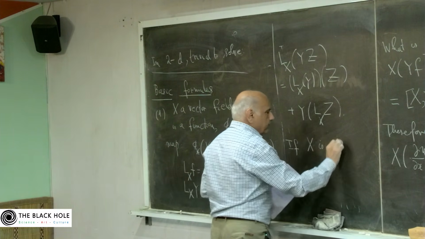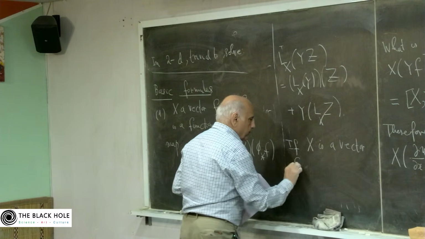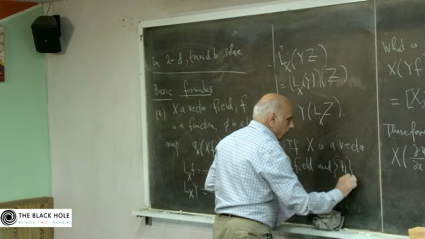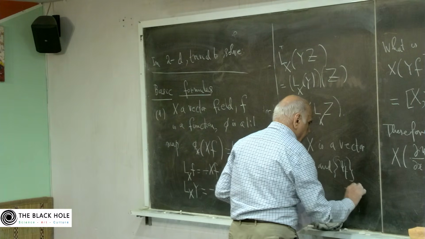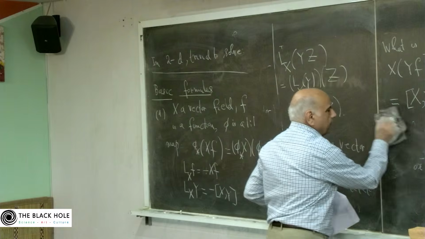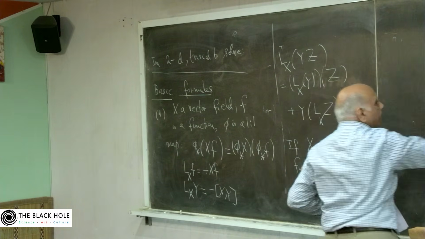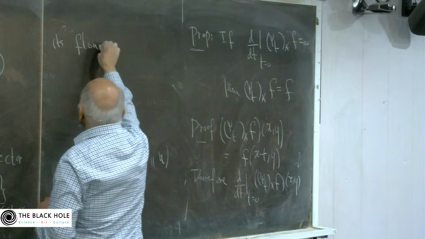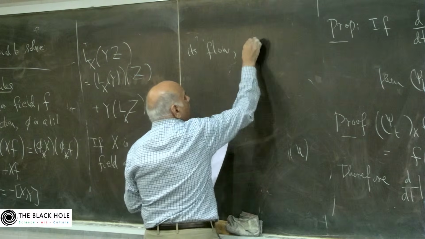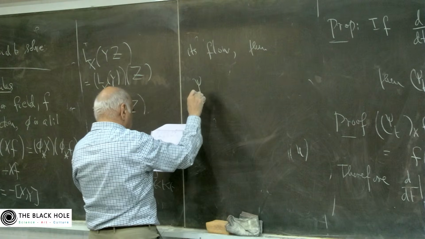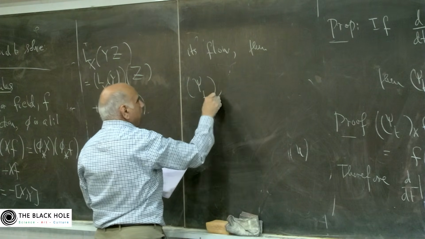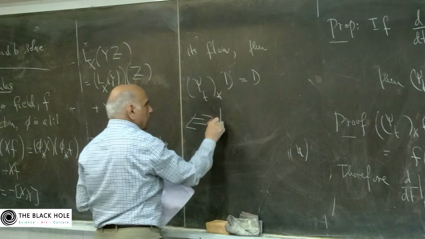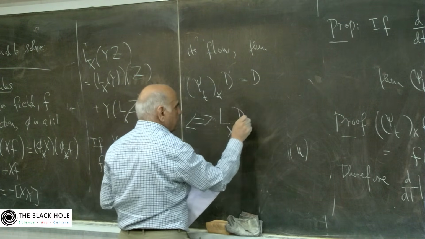And if X is a vector field and psi_t its local flow, then psi_t star of D is preserved if and only if the Lie derivative with respect to X of D is 0.